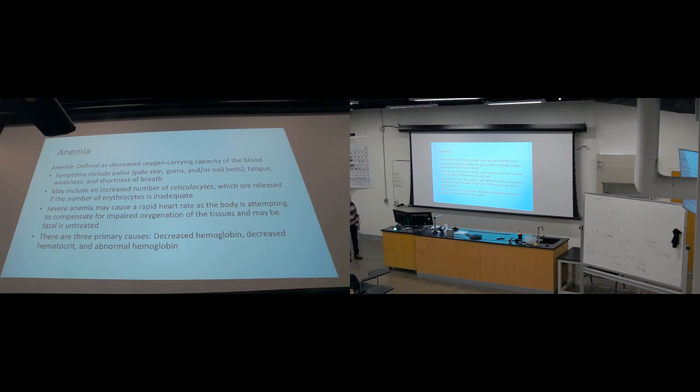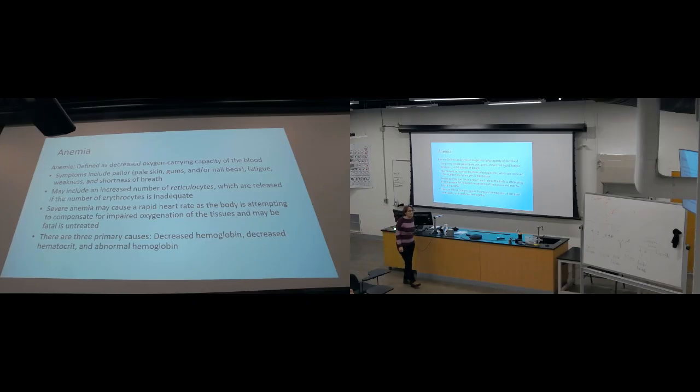And someone who has anemia will have pallor in their skin, in the gums, and the nail beds. Even in the eyelids, you can retract them and see that the color is pale. Since the person doesn't have a lot of oxygen, they won't generate as much ATP in the mitochondria. So the person will be weak, with fatigue, shortness of breath, and constant headaches.